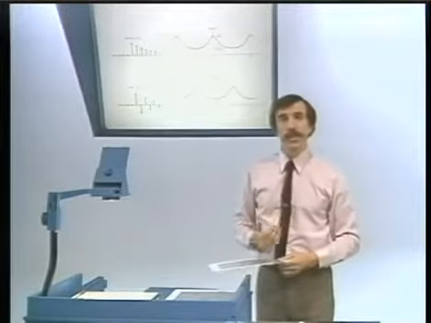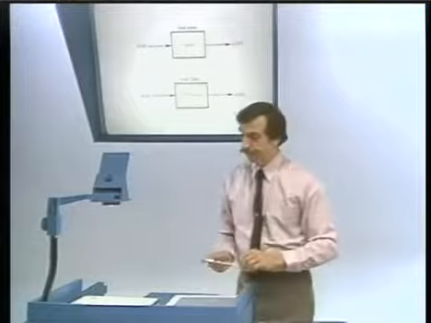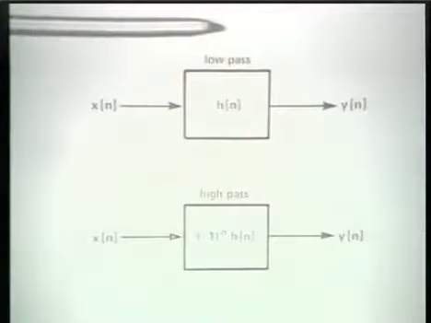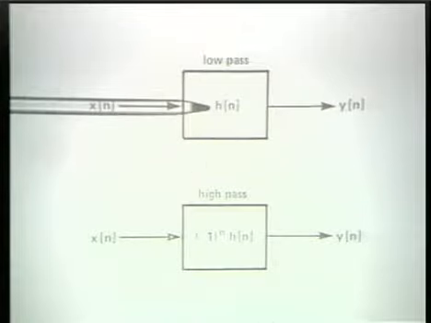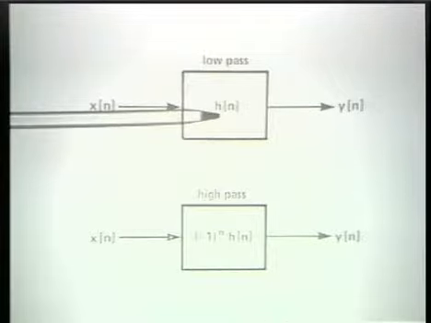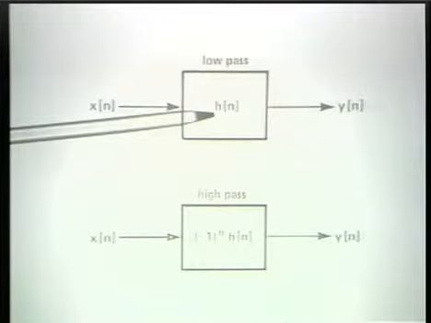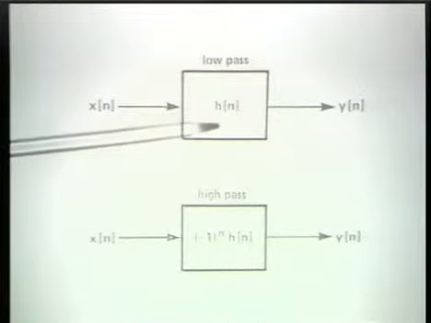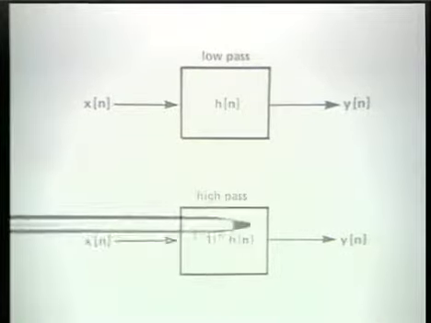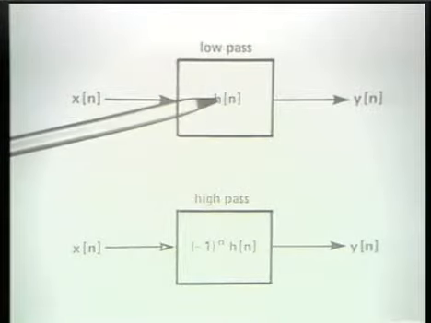Now, it's interesting that what that says is that if we have a system which corresponds to a low-pass filter, as I indicate here, with an impulse response h of n, and it can be any approximation to a low-pass filter and even an ideal low-pass filter, and we want to convert that to a high-pass filter, we can do that by generating a new system whose impulse response is minus 1 to the n times the impulse response of the low-pass filter.